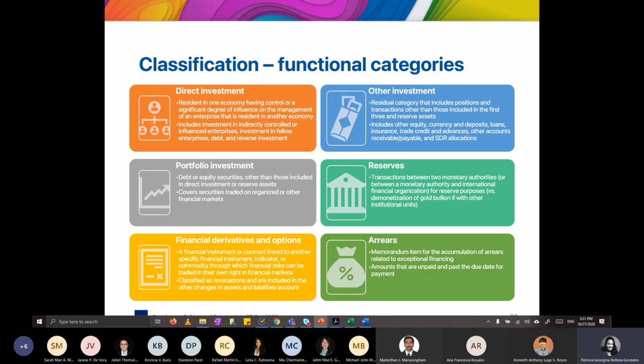So this is typically, if you're a resident, for example, and you have shareholdings in a non-resident company, then this could fall under this investment category. It also includes investment in indirectly controlled or influenced enterprises, investment in fellow enterprises, debt, and reverse investment.